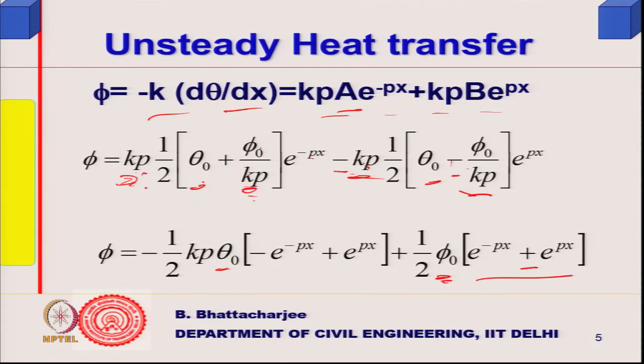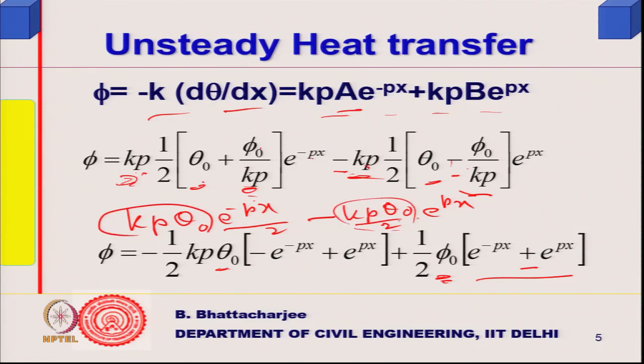Simple algebra: if I expand it, kp theta 0 e to the power minus px by 2 minus kp theta 0 e to the power px by 2. This is common in both of them, so separate it out.